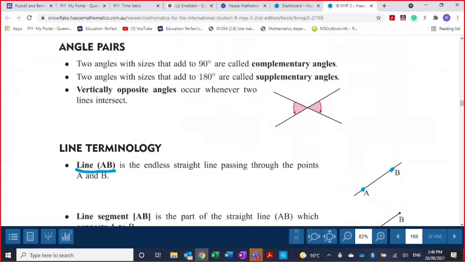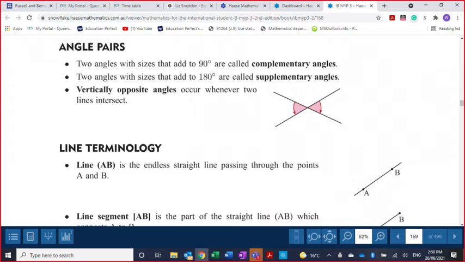This is called line AB, and it's an endless straight line passing through the points A and B. Many times you'll see they have put little arrows on the end, but that's not necessary. As long as they pass through the points, then you just assume that it continues endlessly, infinitely in both directions.